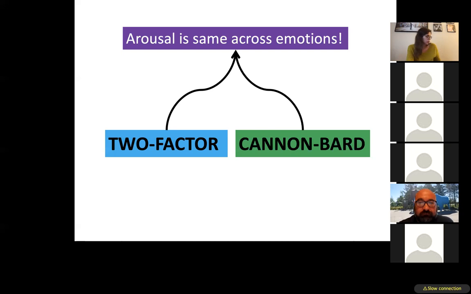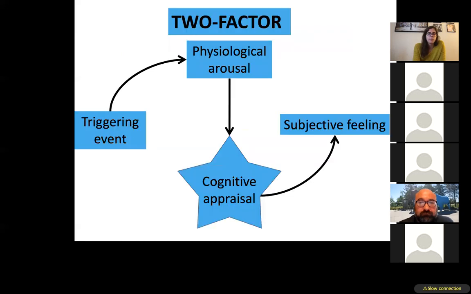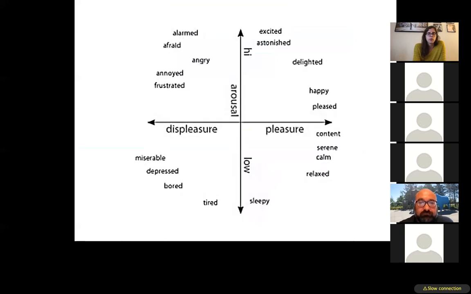Okay, so the two-factor theory is also connected to what we think about when we think about emotions in this, what is this called? The circumplex model.